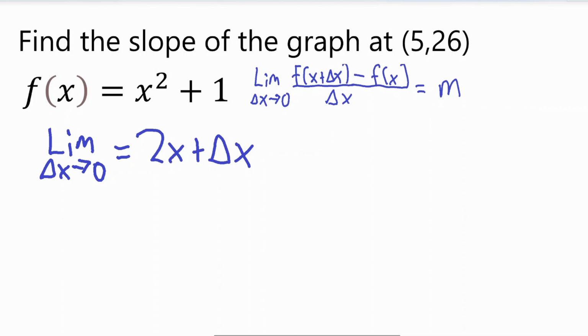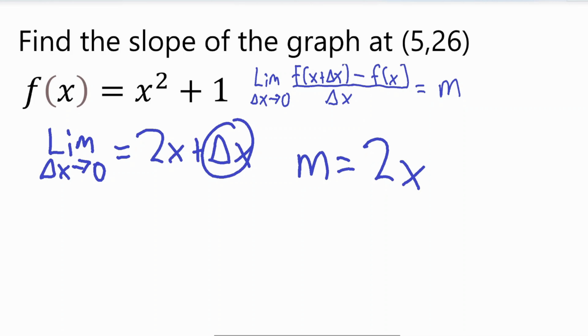Now we have our new simplified equation, and let's plug in delta x equals 0 since this is our limit. Plugging in 0 for delta x means that term is 0, which means the slope of the tangent line of our equation is equal to 2x.